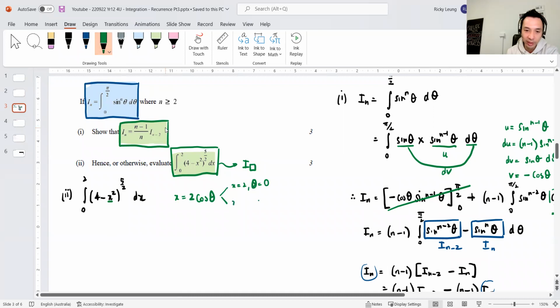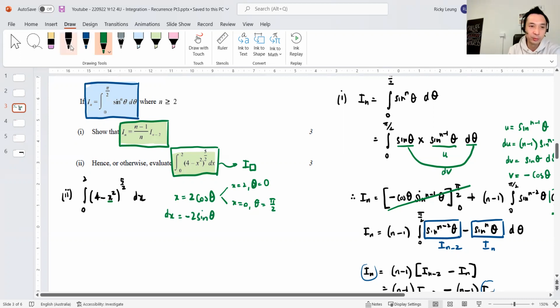Similarly, when x equals 0, cos theta equals 0, so theta is pi on 2. So they're the new limits. Let's differentiate both sides. dx equals 2 differentiated, so minus 2 sine theta.